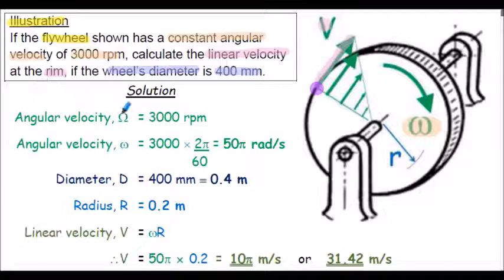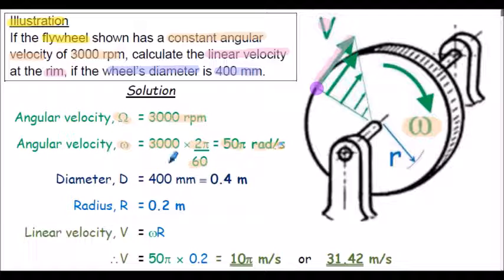So, extracting the information from the question, angular velocity capital Omega is 3000 rpm. Notice I've converted that to angular velocity lowercase omega in radians per second. So that's 3000 multiplied by 2 pi divided by 60. So that's 50 pi radians per second.